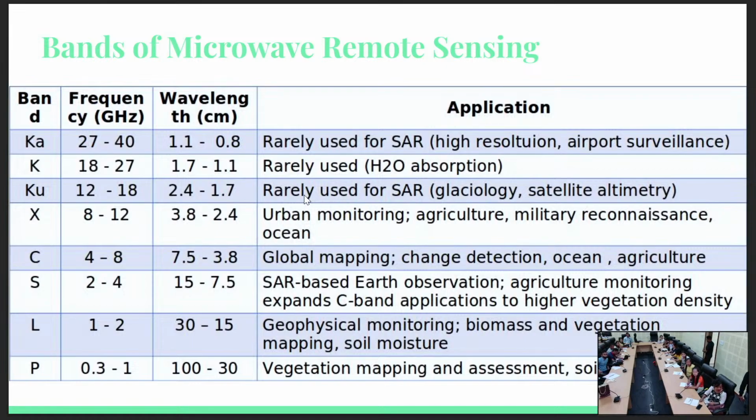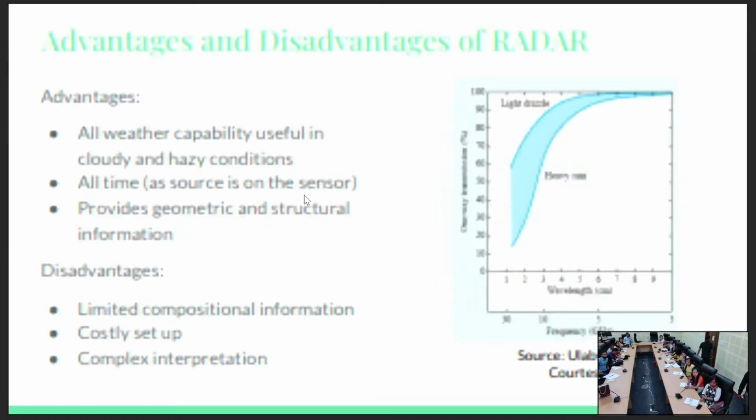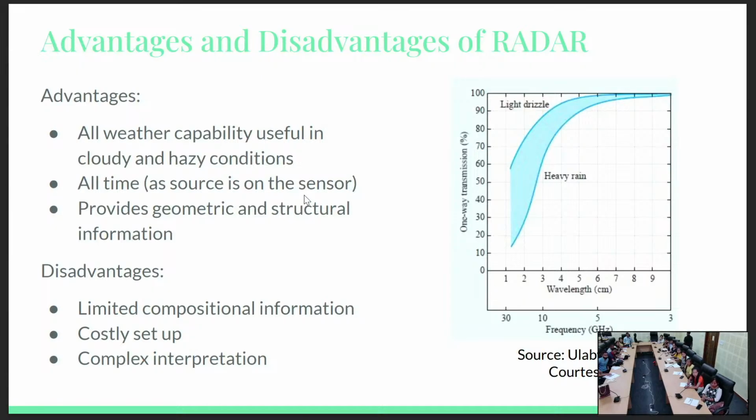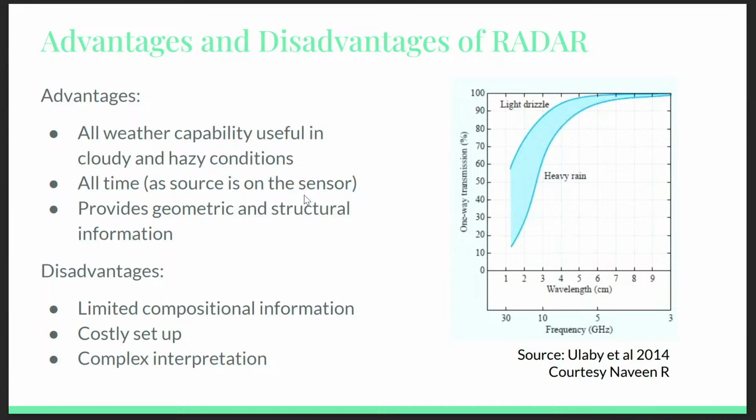So C band or S band. So C band will be somewhere over here, S band will be somewhere over here. So in case of heavy rain, it will be still giving around 90% of the data transmitted, and in case of S band, even more than that is going to be transmitted.